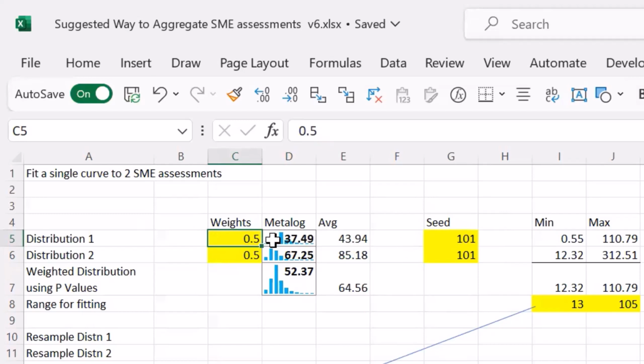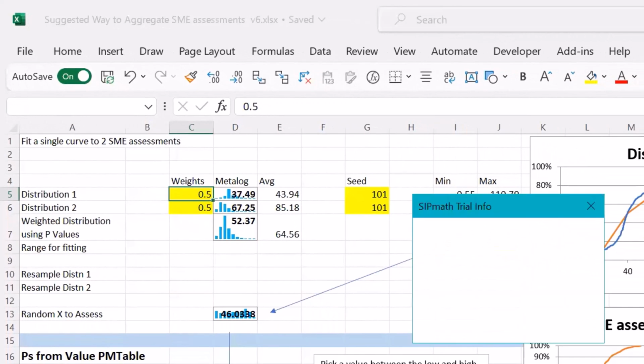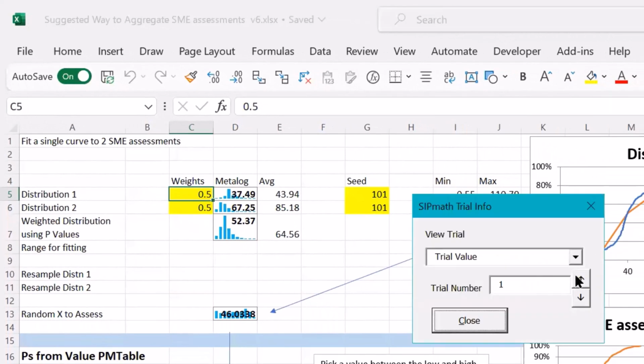I guess it doesn't show me the percentile, but they're the same percentile that I'm sampling. And then I can get the average of whatever number that is. And it turns out to be 52. If I went to a different trial here, now it's 46. That's 79. Got the idea?